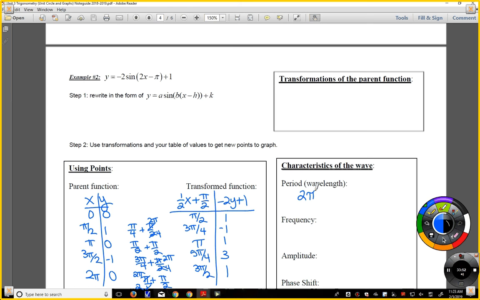Okay, so did we have a horizontal stretch or compression? We did by 1/2. So we need to apply that same compression horizontally here to the period. Those 2's will cancel out, and the period of this sine function is no longer 2 pi. Instead, it's pi. Okay? So for the frequency, we would just be looking at the reciprocal of that.